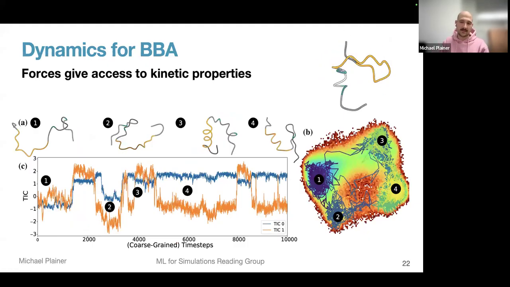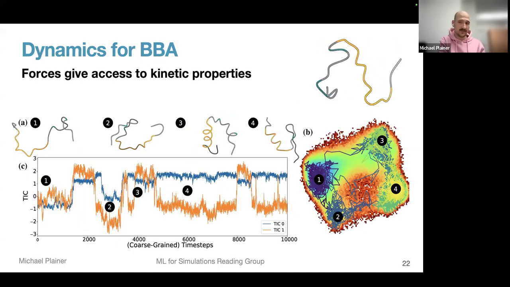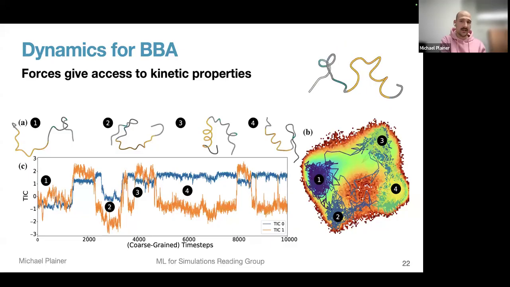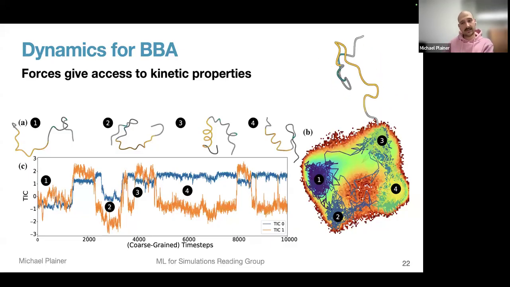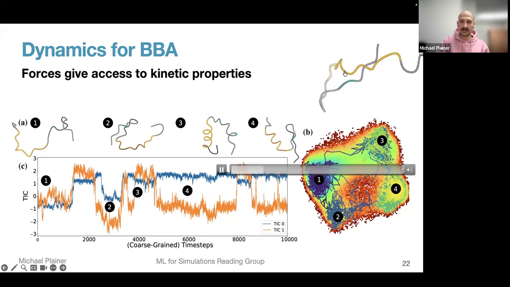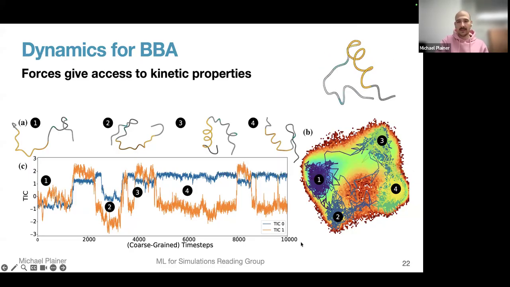Yeah, and the really nice thing now is that we can do both with diffusion models. So not just do independent samples from the molecule to sample from the Boltzmann distribution, but since we can extract forces, we can do simulation, giving us access to kinetic properties. So here you can see a single trajectory simulated with our model of BBA and how it changes over time.